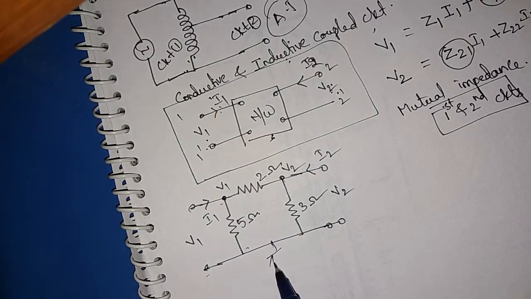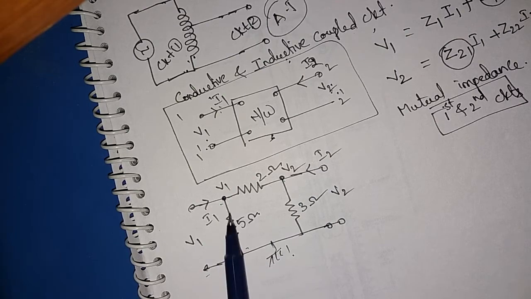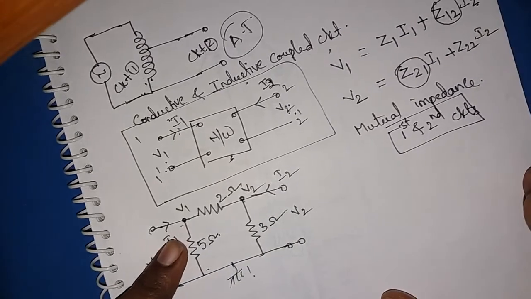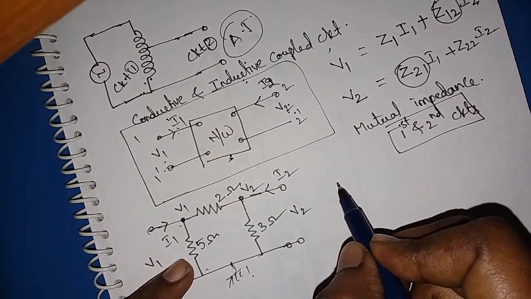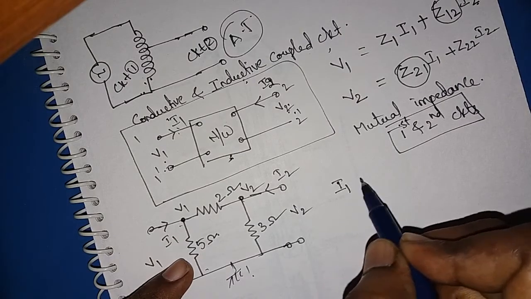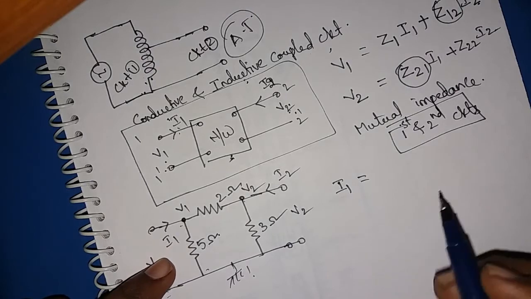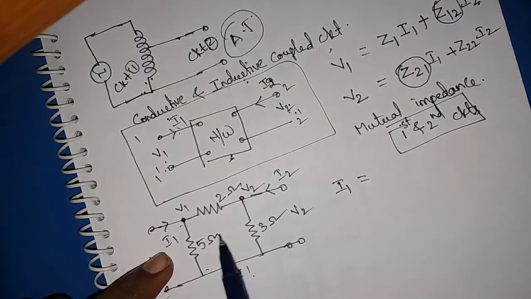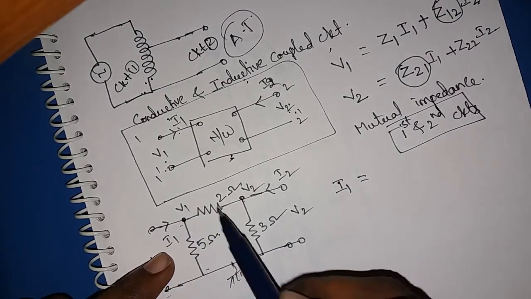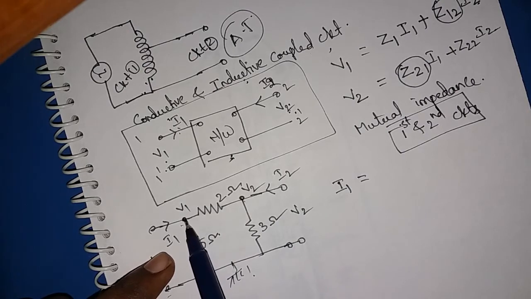This is ground. So now I want to write the KCL equations at node 1. Node 1 in the sense I1, the incoming current, is equal to, so how can I calculate? First, the self admittance of this node.